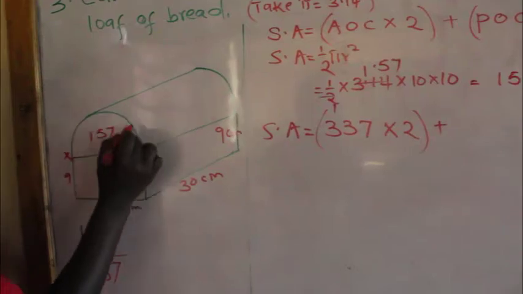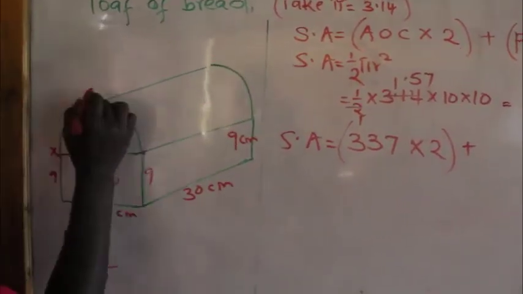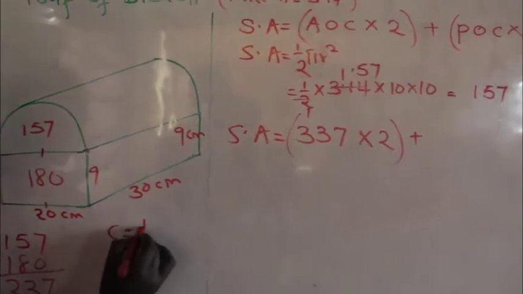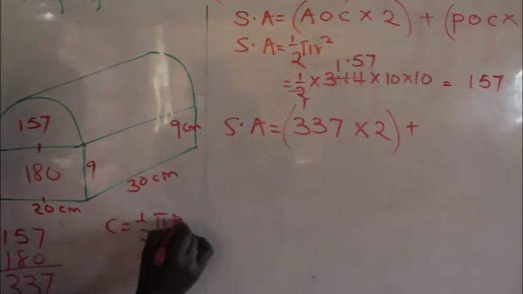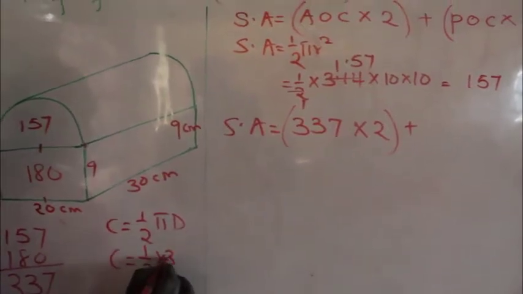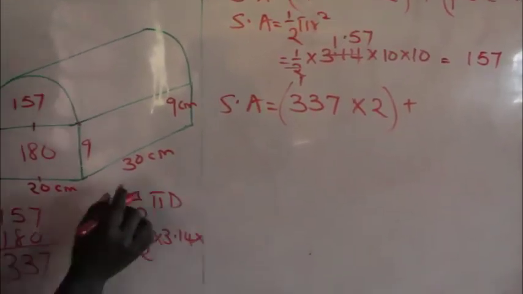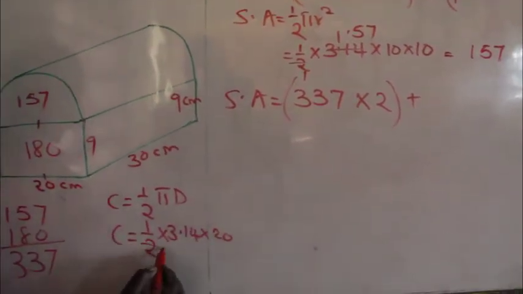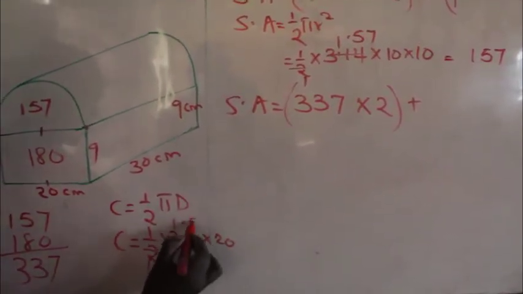So circumference is pi d. And because it is a semicircle, I'll find circumference equals a half pi d. So circumference is a half times pi, 3.14, times the diameter of this circle, 20. So let me simplify by 2, 1.57.